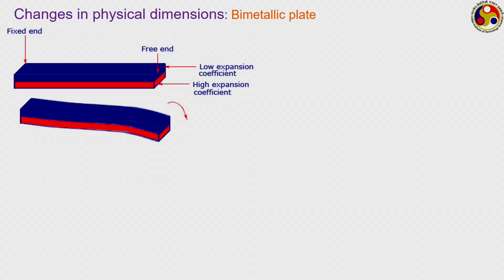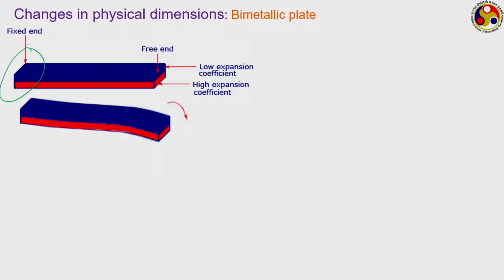So, the first device that comes to mind is the bimetallic plate, which falls under this first category, that is changes in physical dimension. Here the idea is very simple. You have two metallic plates having different coefficients of expansion, and we couple them just like the one shown here. They are fixed along the longer surface, and one end of this combined bar is also fixed, while the other end is free.